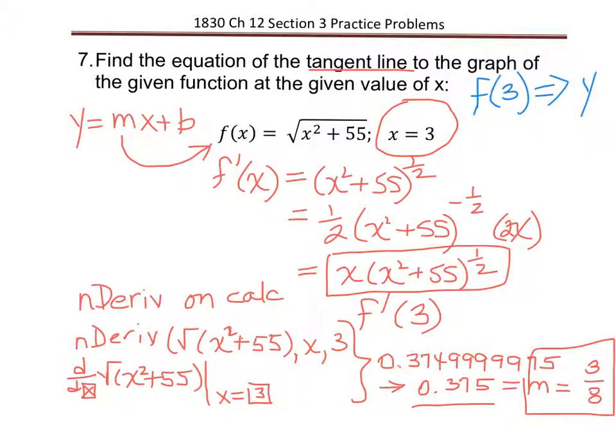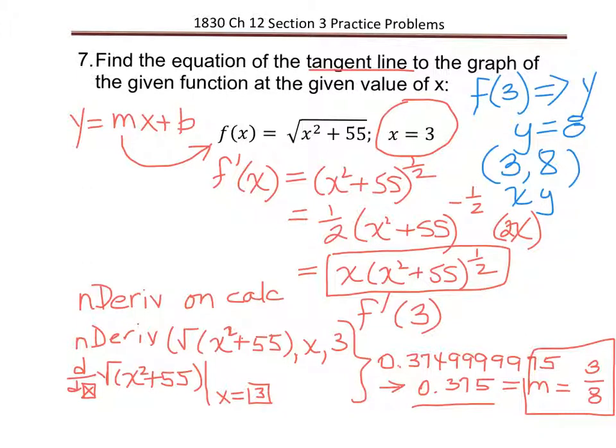So in order to get f of 3, again, on your calculator, you're going to take the square root of 3 squared plus 55, and that turns out to be, since 9 plus 55 is 64, and the square root of 64 is 8, the y value is going to be 8. So that means that we also have the point (3, 8) for (x, y).